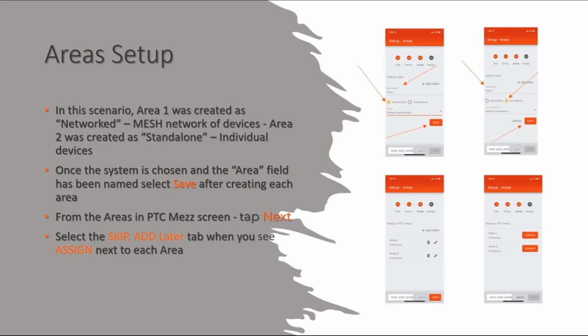Now notice that we have areas in PTC Mesh, which is our site, and we will tap Next. Notice the Assign tab next to our areas, but it's a best practice to select Skip and Add Later for our devices.